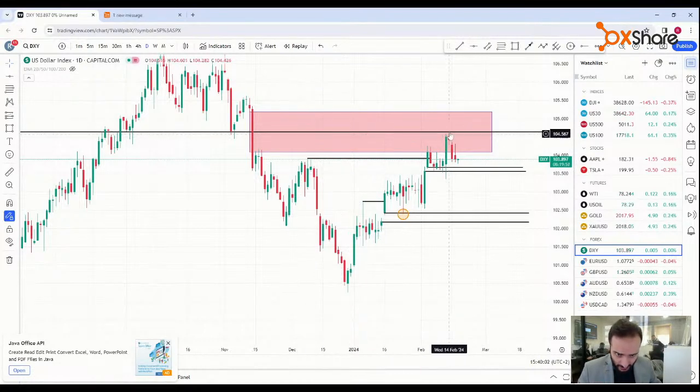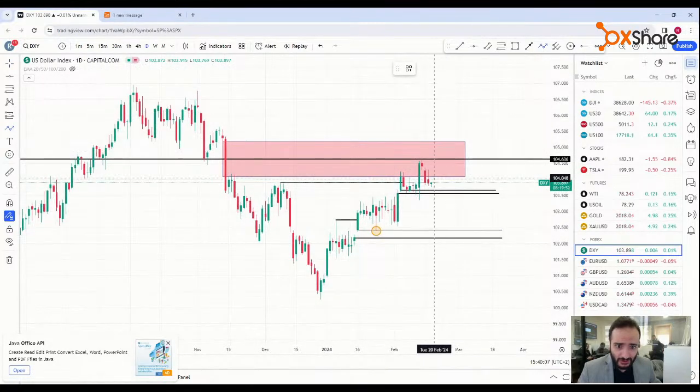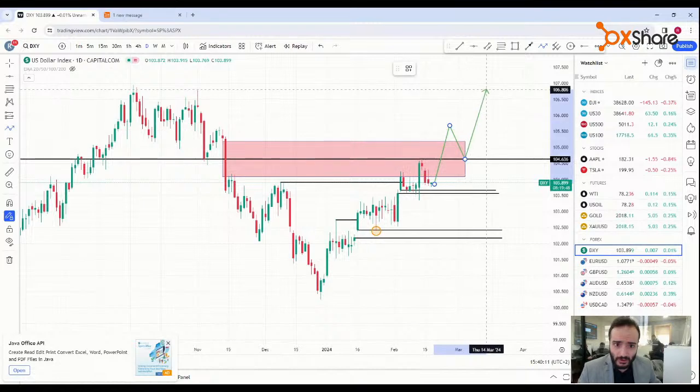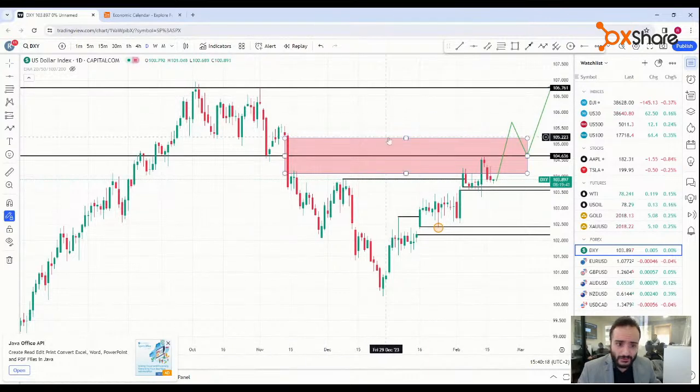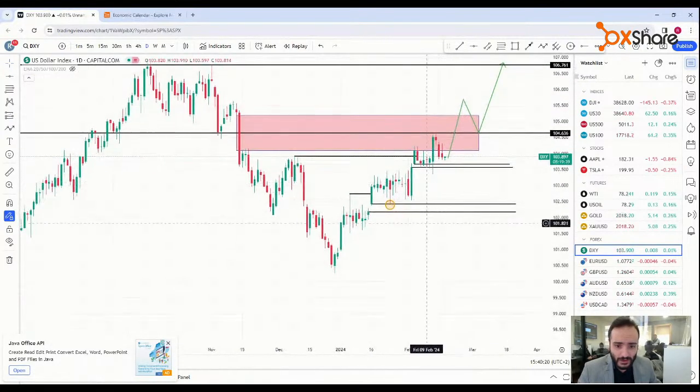We tried to tap it and didn't reach it. Any price action breaking above this gap and retesting this point will lead us to the highs that the DXY has made over here. So we need to wait and see.